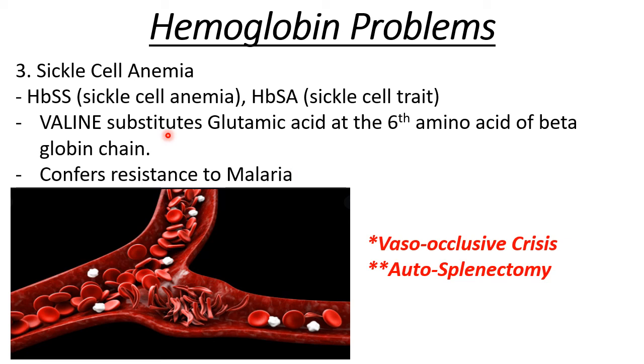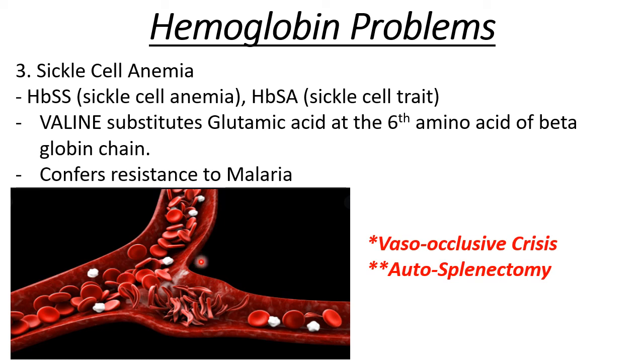In this type of condition, ang nireklamo ng pasyente is they are in pain, lalo na sa kanilang mga joints. Ang tawag dun sa painful reaction na yon is what we call vaso-occlusive crisis. Yung mga sickle cell, hindi nakakapag-travel ng mabuti all throughout the capillaries, so nagsastuck sila in one intersection, and this will cause pain in the patient.